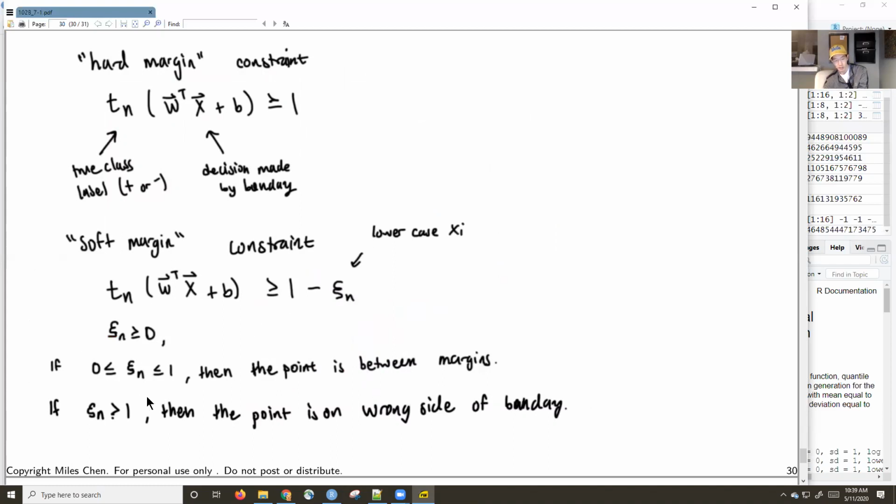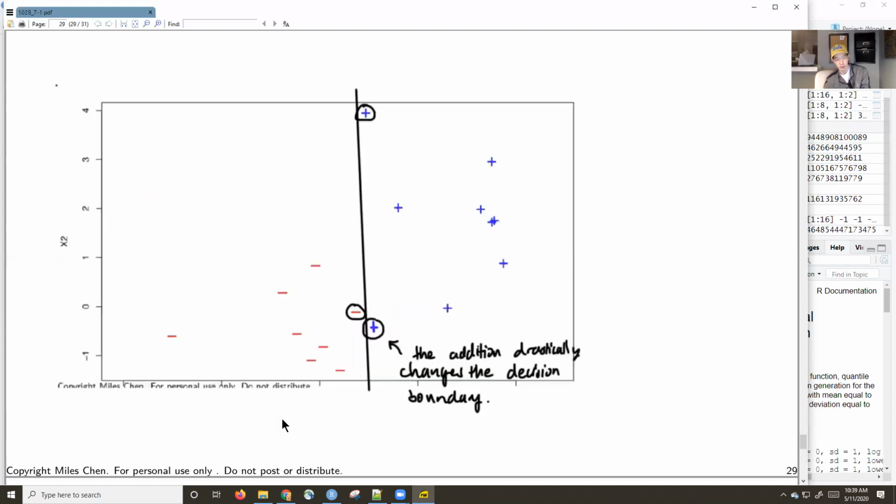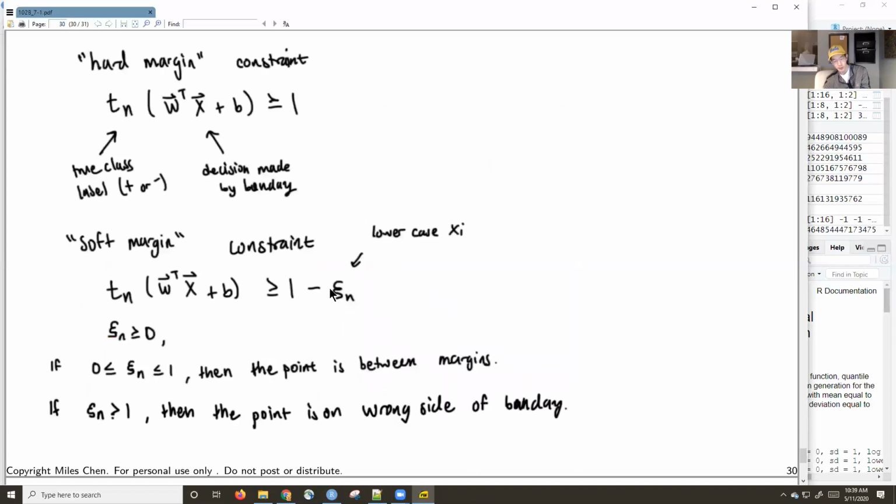If this xi term ends up being larger than 1, then it can allow the point to even be on the wrong side of the boundary. So if you have a case like this, you can still draw your boundary the way it used to be, and this blue dot will end up on the wrong side of the boundary, but that will still satisfy the constraint, as long as it doesn't go too far on the wrong side.